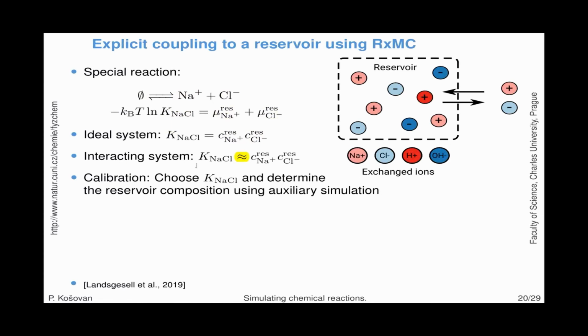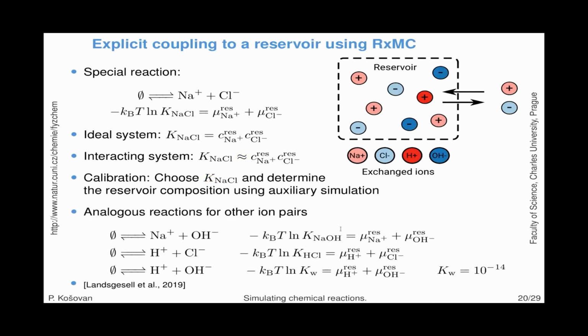And what I can do then is that I simulate the reservoir itself by starting with an empty simulation box, choosing the equilibrium constant of this particle insertion, and after running the simulation, I determine the reservoir composition and find out what are the concentration of ion species to which the equilibrium constant corresponds.